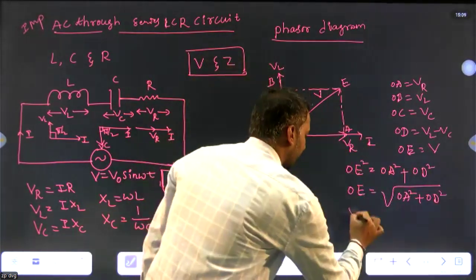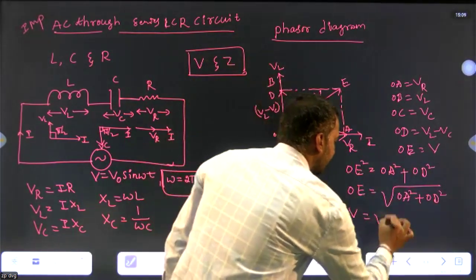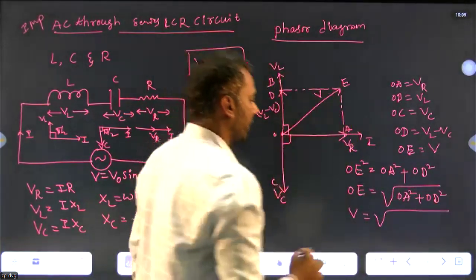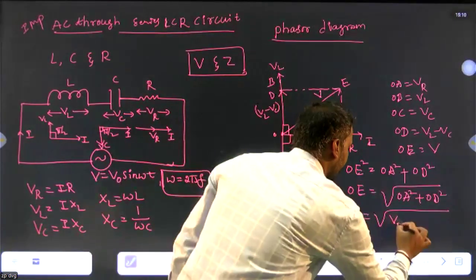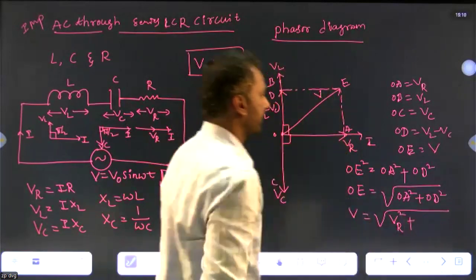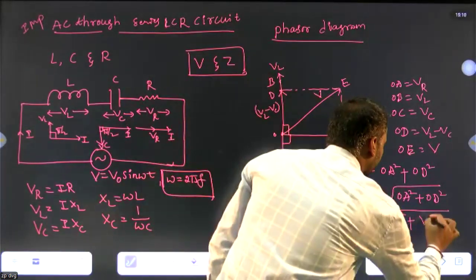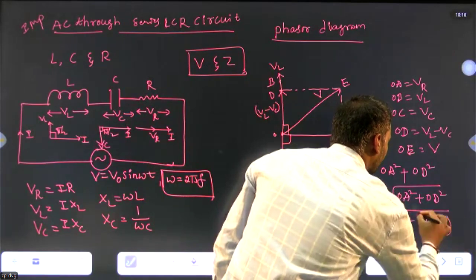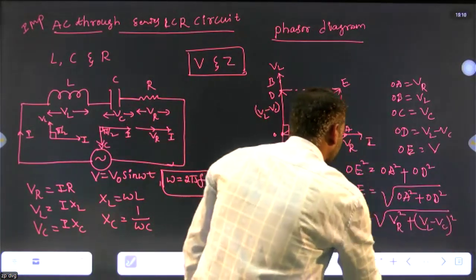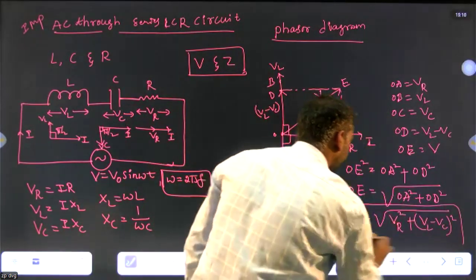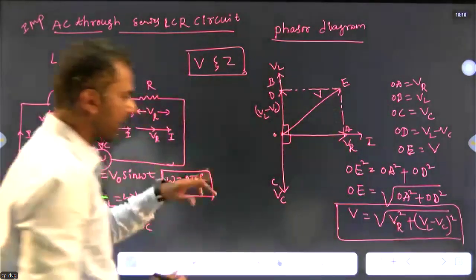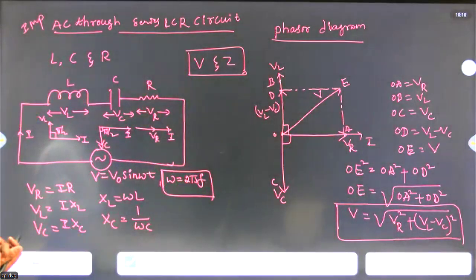What is OA? OA is VR. What is OD? OD is VL minus VC. So V is equal to square root of VR square plus VL minus VC whole square. This is the resultant voltage of VR and VL minus VC.